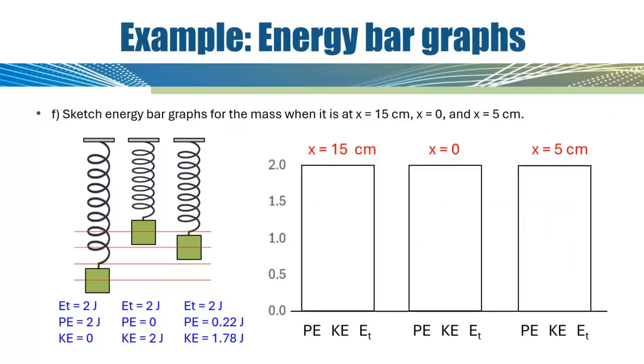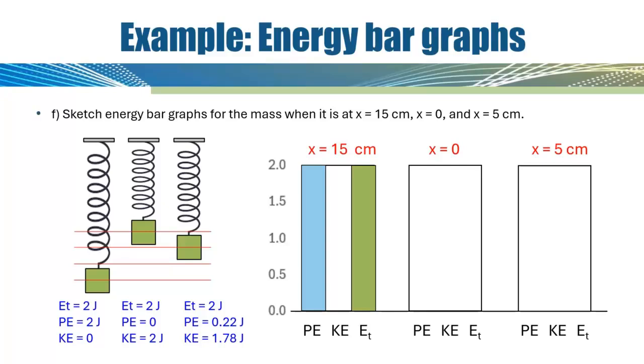Next, we're ready to graph the data, which really means shading the bars. We're going to start when the mass is 15 centimeters from equilibrium, when it's fully stretched at an endpoint. We have potential energy of 2 joules and total energy of 2 joules. So I shaded the bars all the way up to 2 joules, and I left the kinetic energy blank.